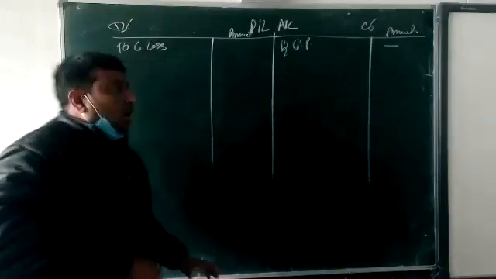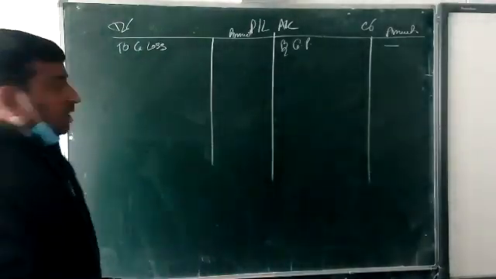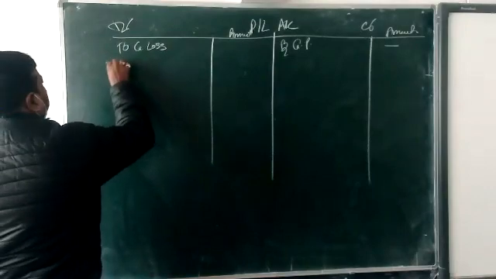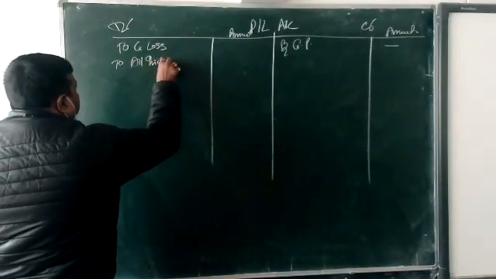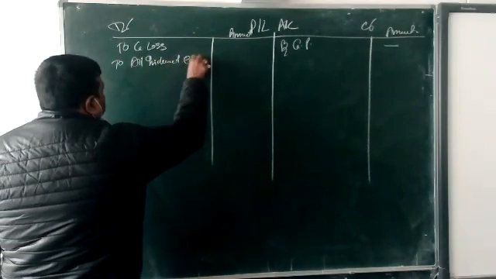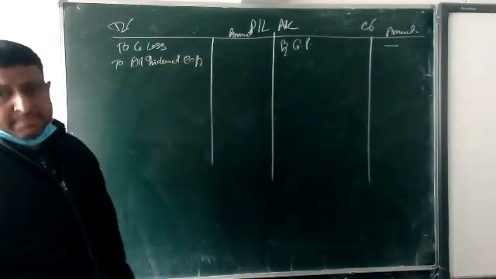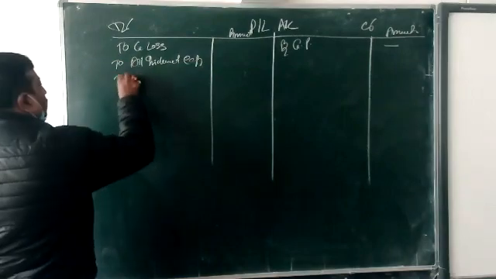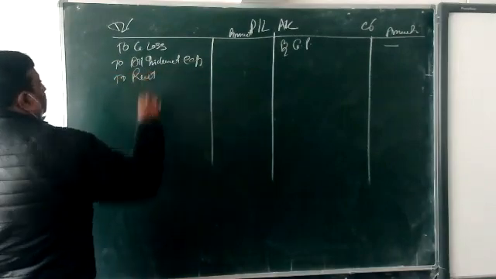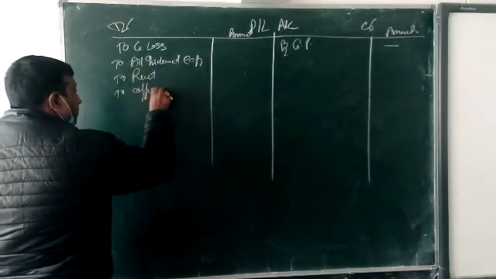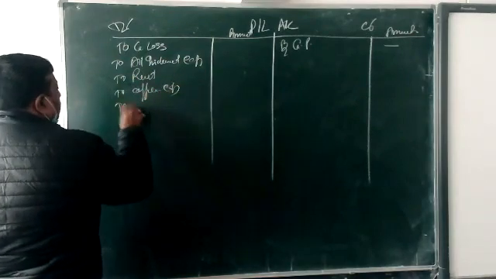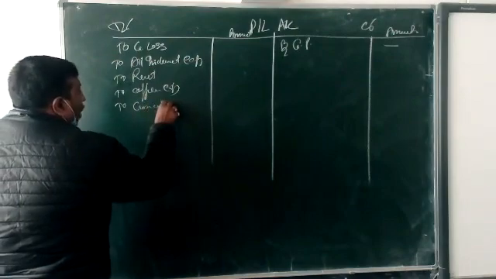Now just see how we are going to make this PL account. After this gross profit, we are going to show all the indirect expenses. Okay, beta? All indirect expenses, like: to rent of office, to office expense. Okay, beta? To carriage outward.